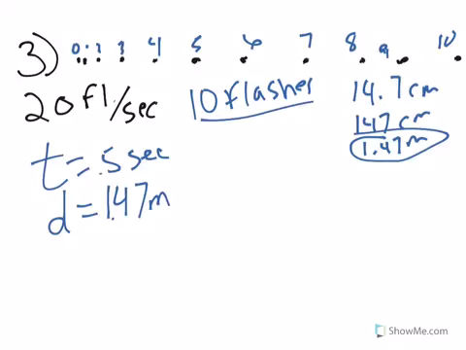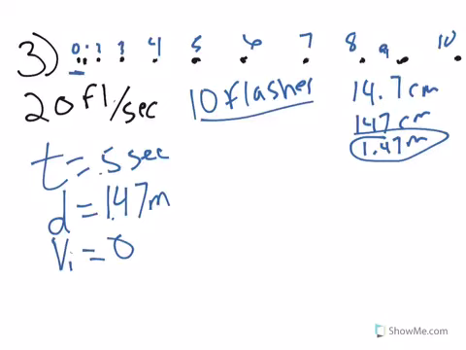The next step is to figure out the acceleration, because that's what it asks us to do. What's the acceleration of this object? Well, we do have to note something else. The initial velocity here is probably 0 because it doesn't look like it's moving very much at first, and that's a safe assumption that we can make.